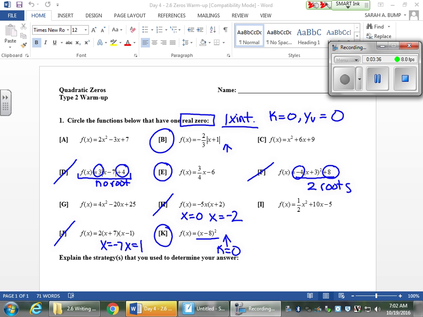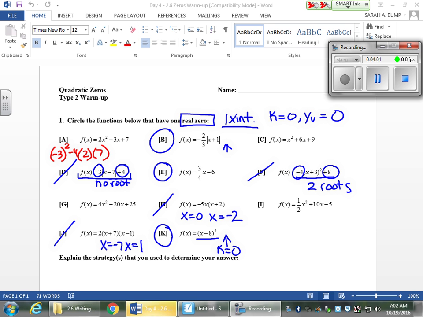Okay, so if the discriminant is 0, that means there is one solution, one root, one real zero. So we're going to do b squared minus 4ac. I think that's faster than doing out the whole vertex to see what the y of the vertex equals. So on part A, if I do b squared minus 4ac, I'm going to do -3 squared minus 4 times a times c.